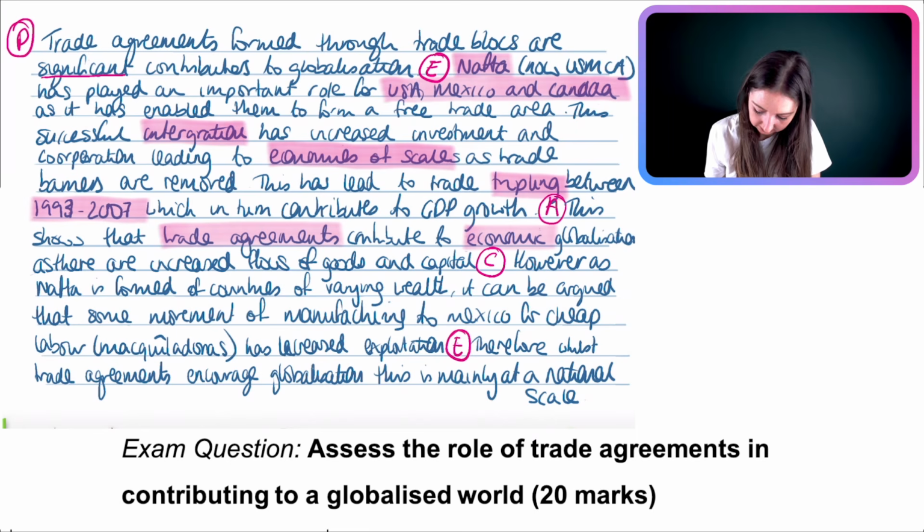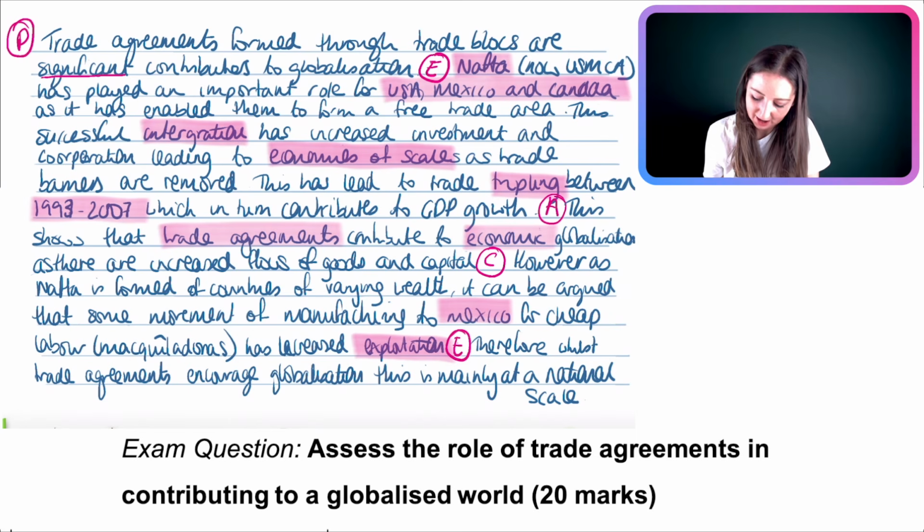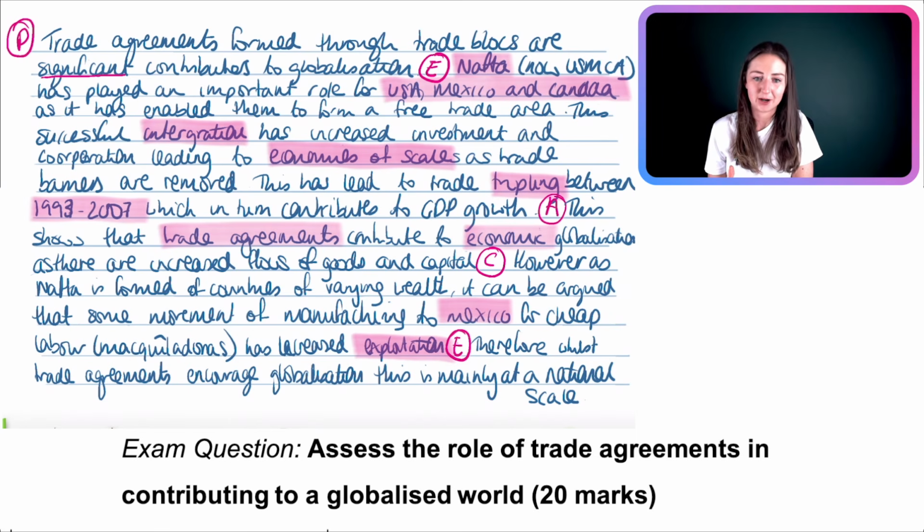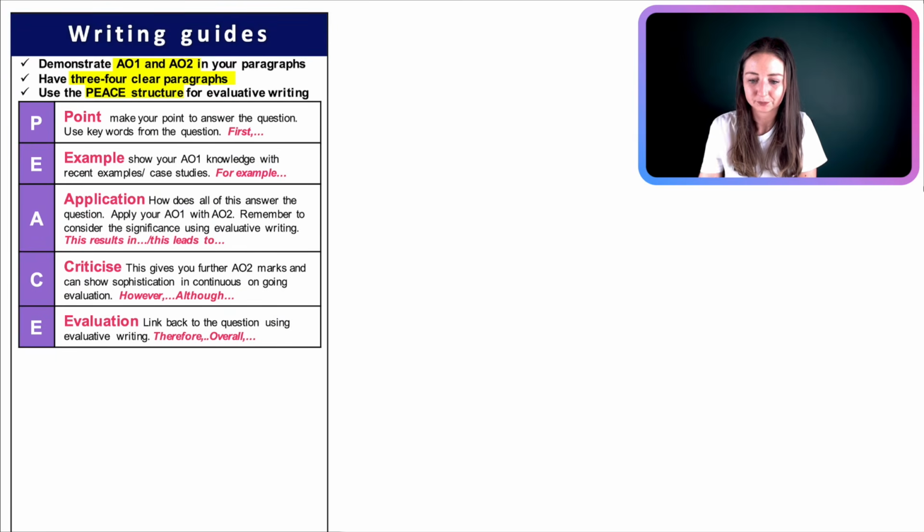We've done a critique, exploitation with Mexico. And therefore, we've got our evaluation again. So that is an example of how you can write a paragraph, and hopefully that's helped you understand it, actually writing an example down there.